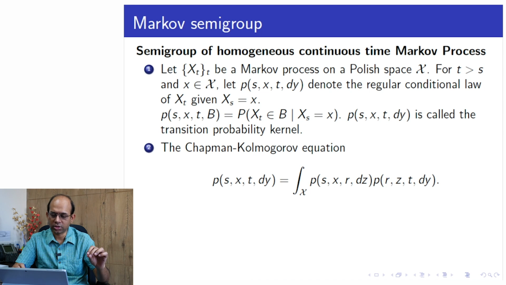And the first factor says, given the Markov chain is at x at time s, what is the distribution at time r? We are integrating with respect to z. This is a little vague way of writing, but I should have written small z belongs to script X, to denote that I am integrating through z.